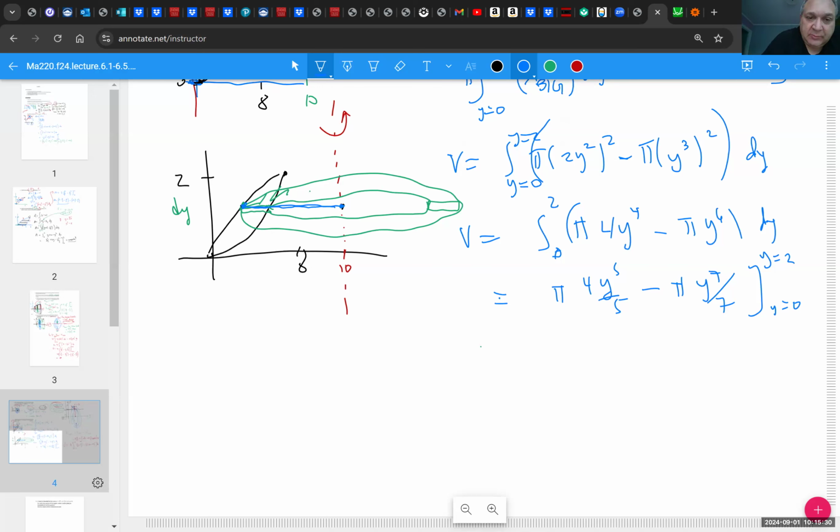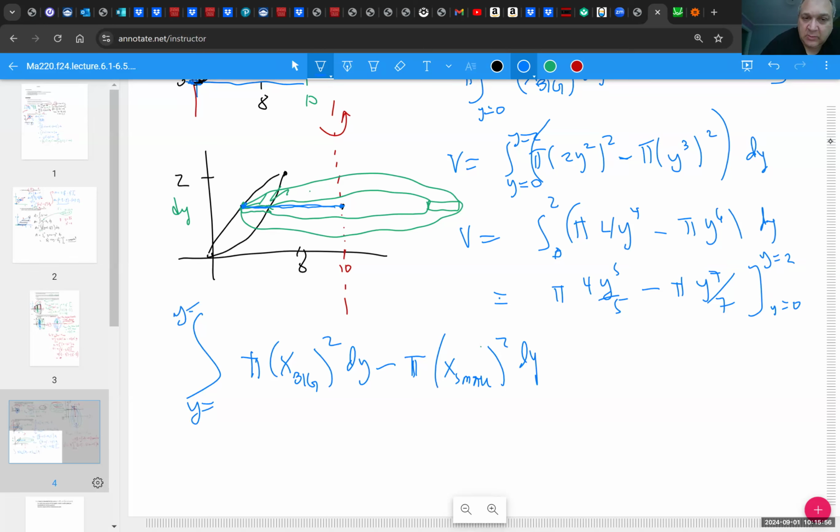So I'm going to do pi times the big x, pi r squared times dy, minus the same thing, but with a small radius, pi x small squared dy. And then I'm going to integrate all of those from the lowest y value to the biggest y value. We know the smallest y value is 0, the biggest y value is 2.